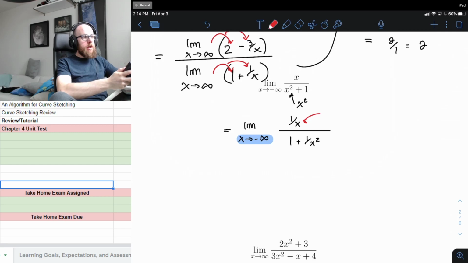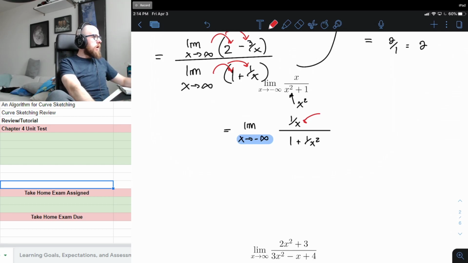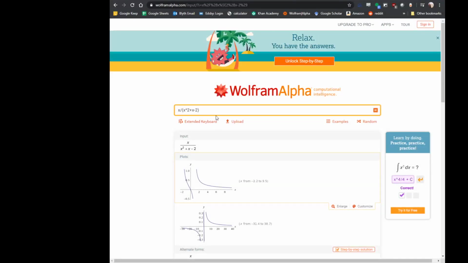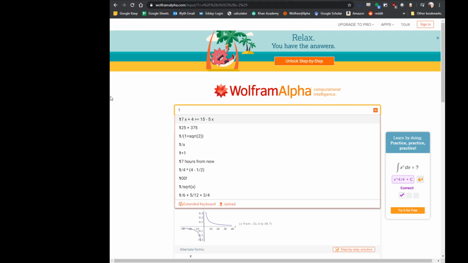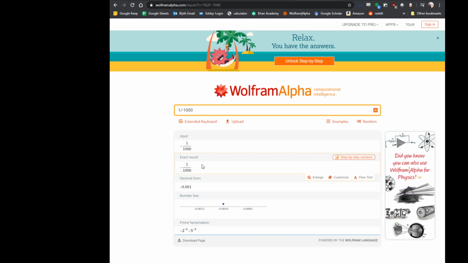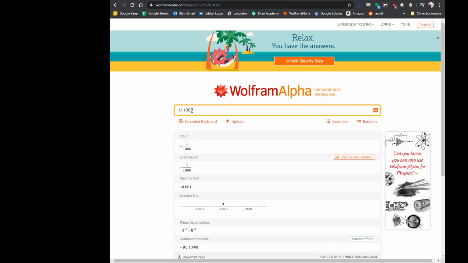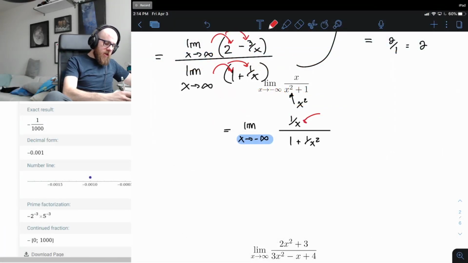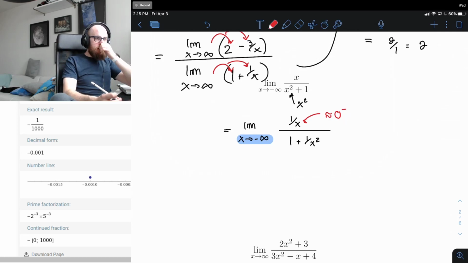Like imagine typing it into your calculator, say, 1 over negative 1,000 or something like that. We're going to get a number that's pretty close to 0, but it's still going to be slightly negative. So it'll be approximately 0, but still a little bit negative, okay?